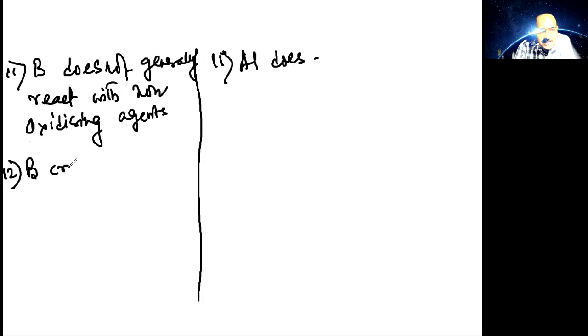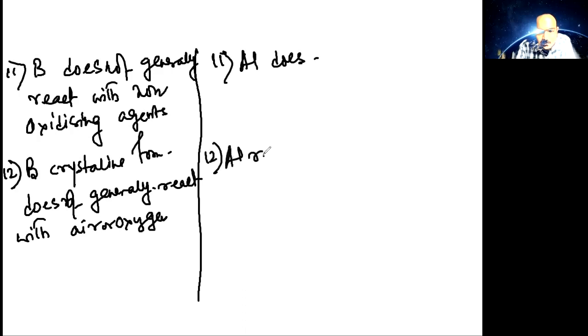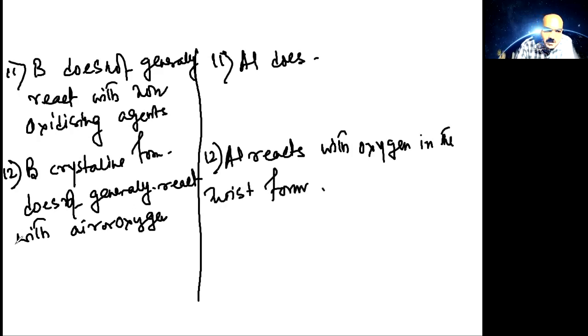Boron in the crystalline form does not generally react with air or oxygen. Aluminium reacts with oxygen in the moist form. Number 13.